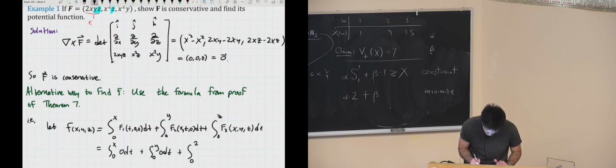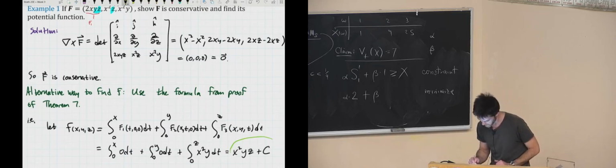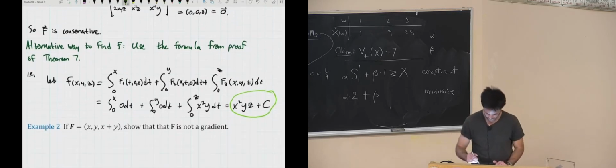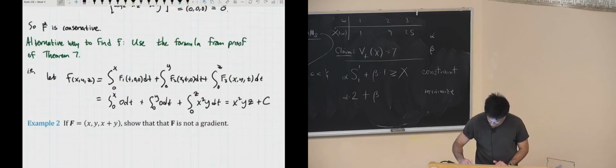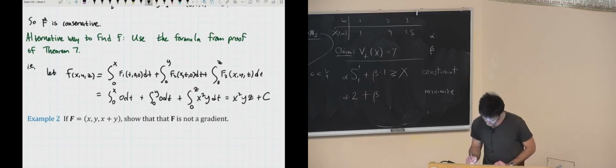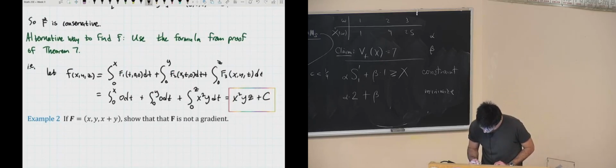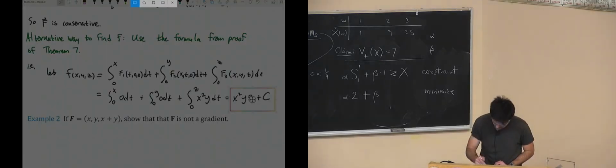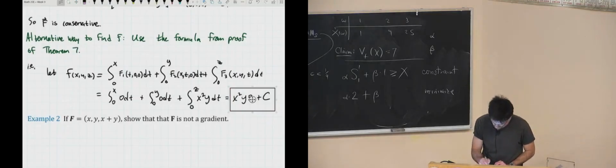The last term is the integral from 0 to z of x squared y dt, which is x squared y z plus c. Any questions?